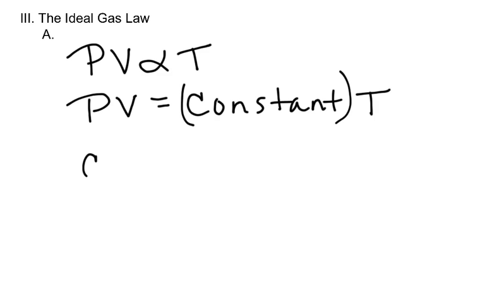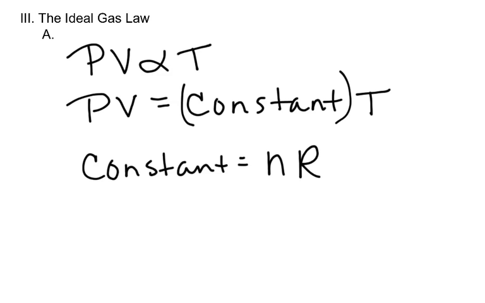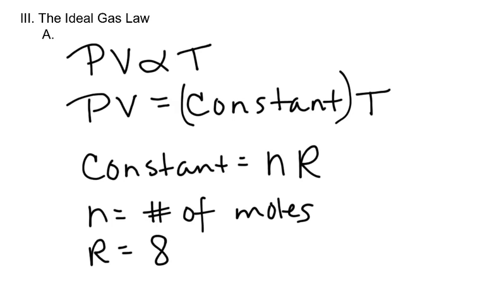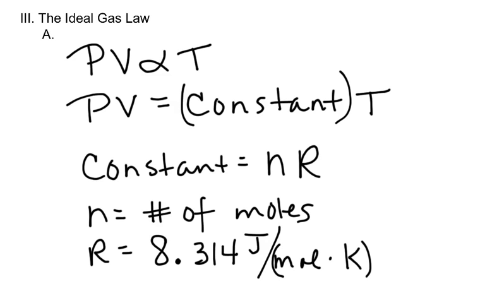It turns out this constant value is equal to N, which is the number of moles of your ideal gas, multiplied by another constant, R. So N is your number of moles, and R is a value of 8.314 joules per mole per Kelvin. This may be a slightly different number than you're used to using in chemistry because the units of our constant are different.